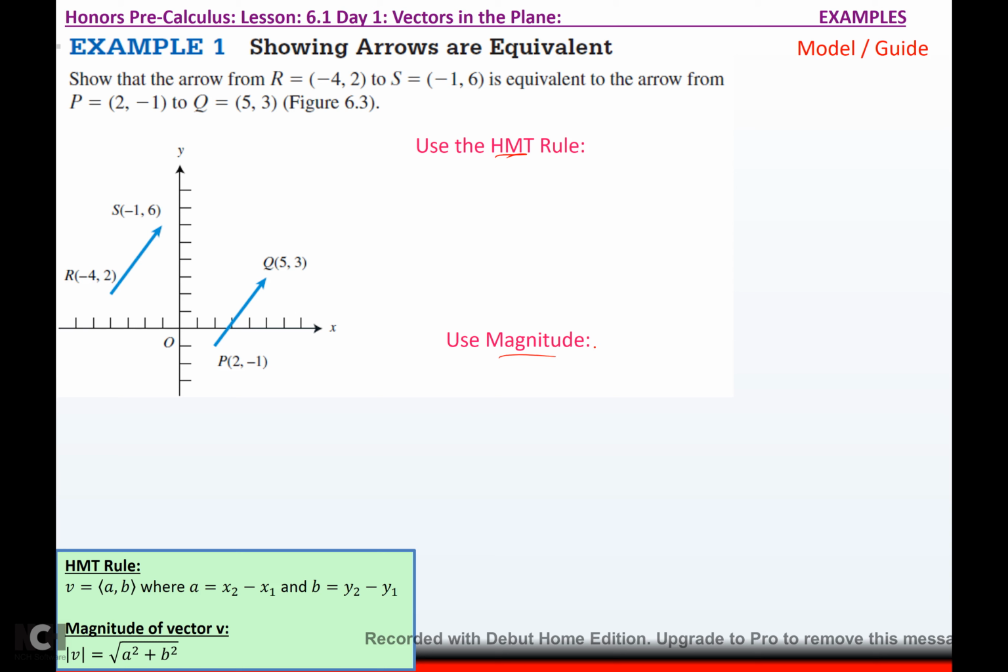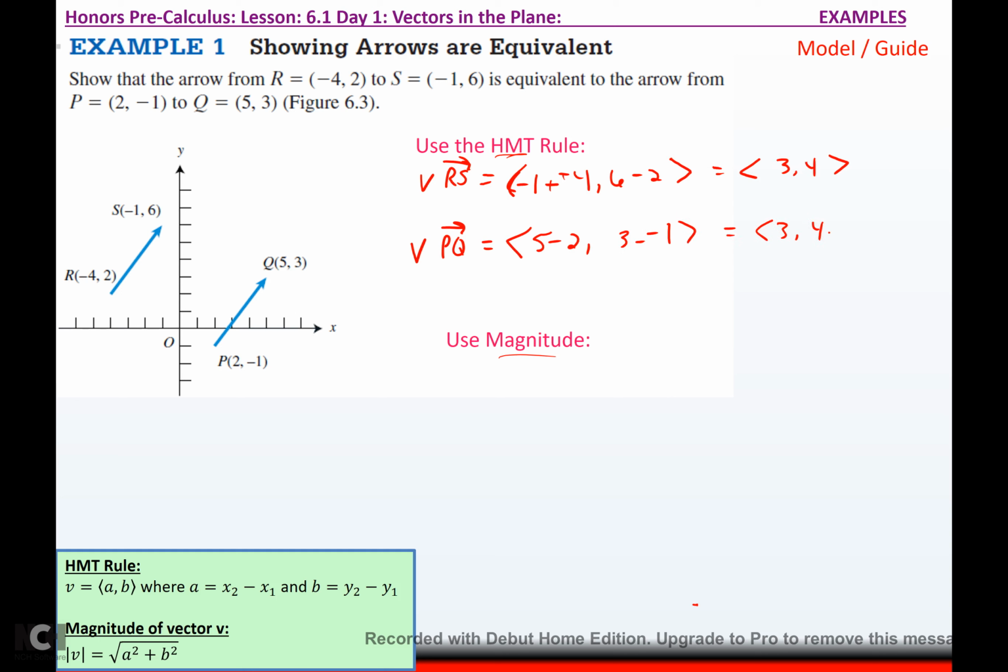If I use the head minus tail rule to do vector RS, I would do x2 minus x1, y2 minus y1, which gives me double negative 3, 4. And if I do vector PQ, I get 5 minus 2, 3 minus a negative 1, which gives me 3, 4.